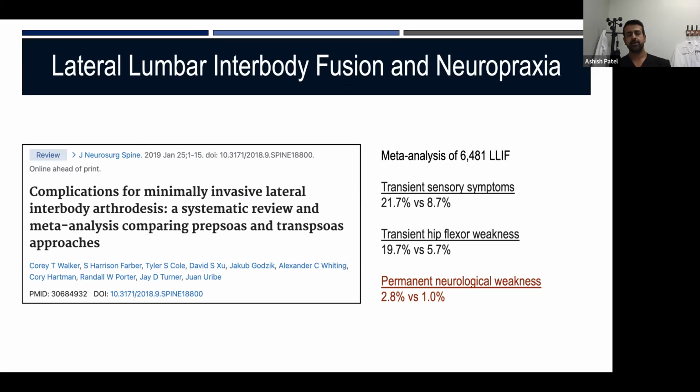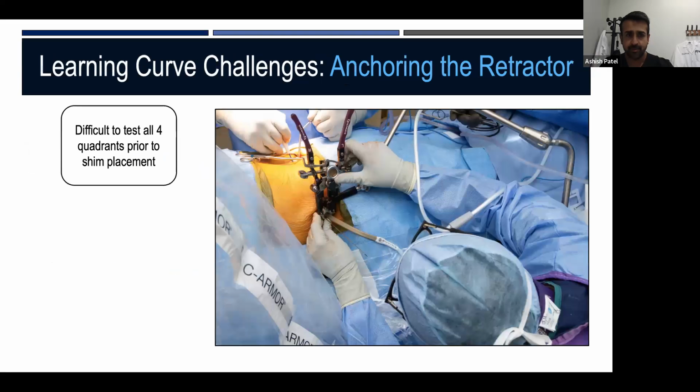And, it's not unique to the prone position. Having postoperative neuropraxia has been reported in the literature to happen and occur around somewhere between 1% to 3%. And when you add the element of prone to this and trying to stay safe within the working corridor, there's a lot of nuance to it as well.